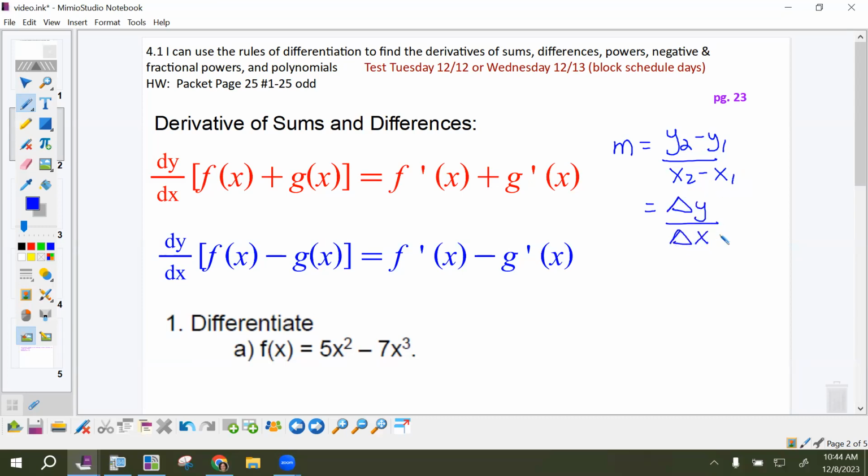So difference, delta, they both start with d. Since slope is derivative, instead of delta y we say dy, and delta x is dx. This is the same thing as saying f prime or g prime or y prime. So the derivative notation can either be a prime or it could be dy dx.